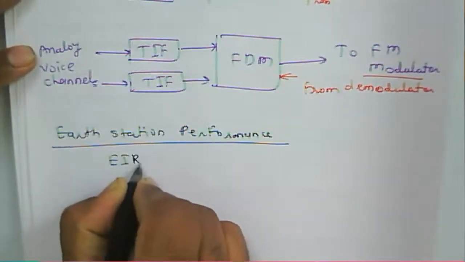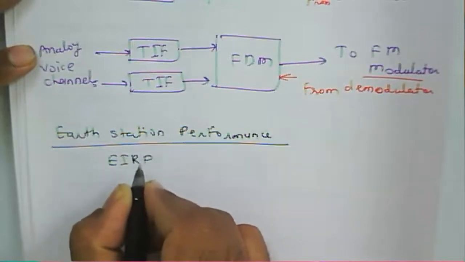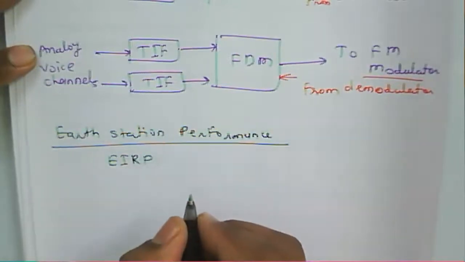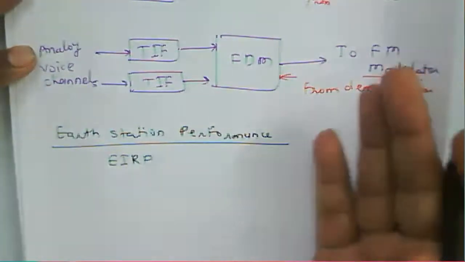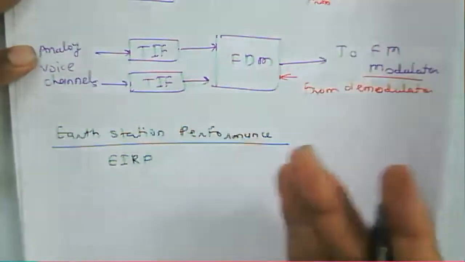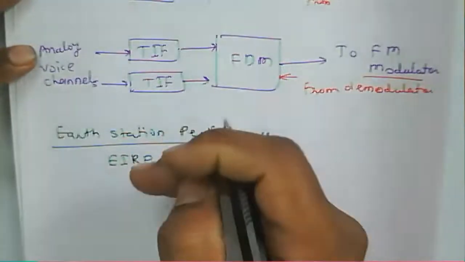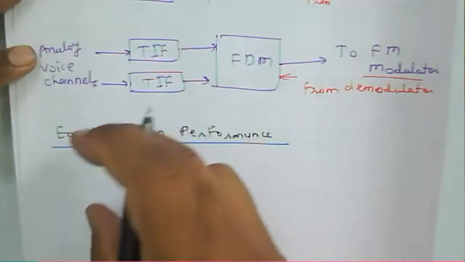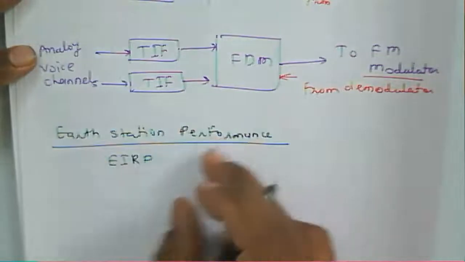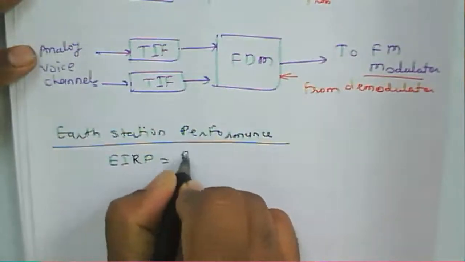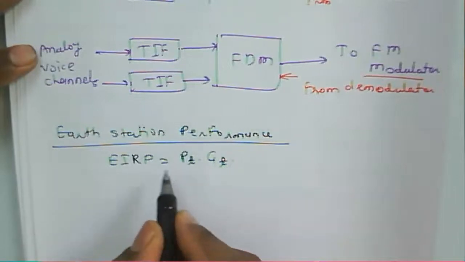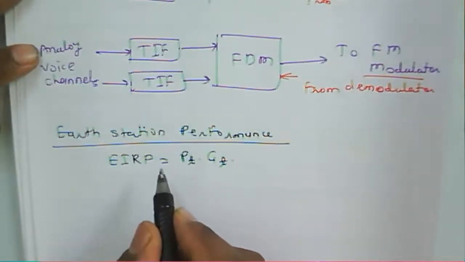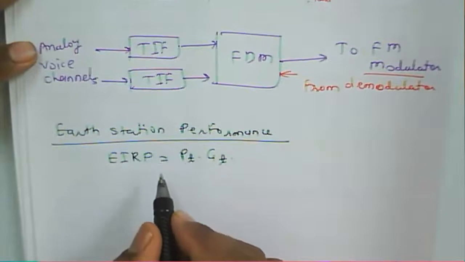So we need to know what the EIRP is for the transmitter, and how much lower power will be received by this earth station. We'll talk about the transmitted power first, the EIRP.